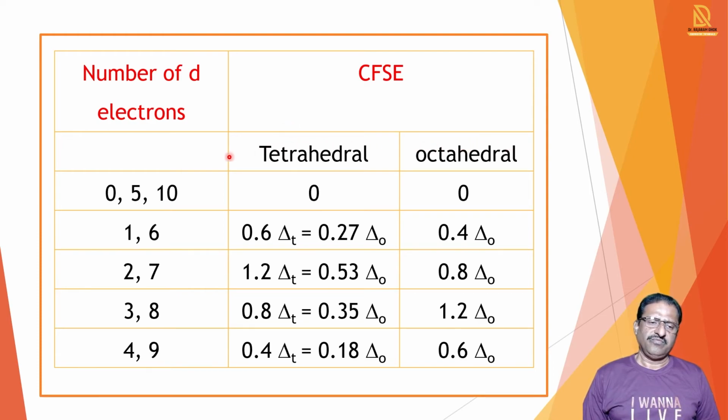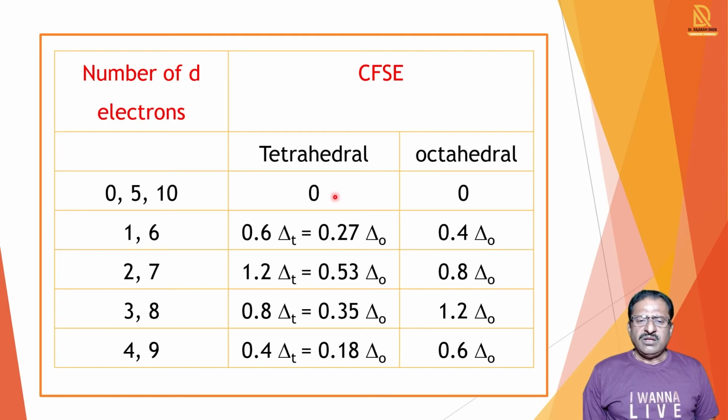In the case of 0, 5 and 10, the delta T energy is 0, and in octahedral also 0. For 1 and 6 in tetrahedral, the energy is 0.6 delta T, and when it is converted into delta O, that is 0.27 delta O.